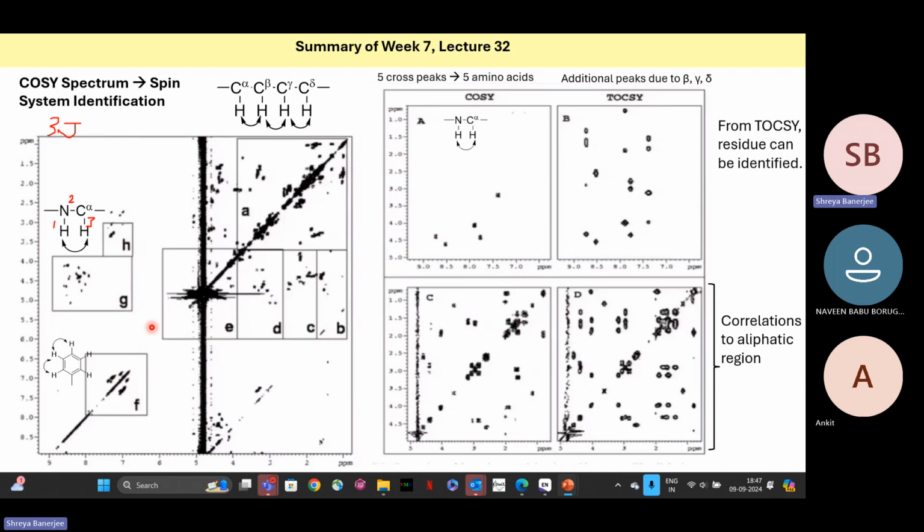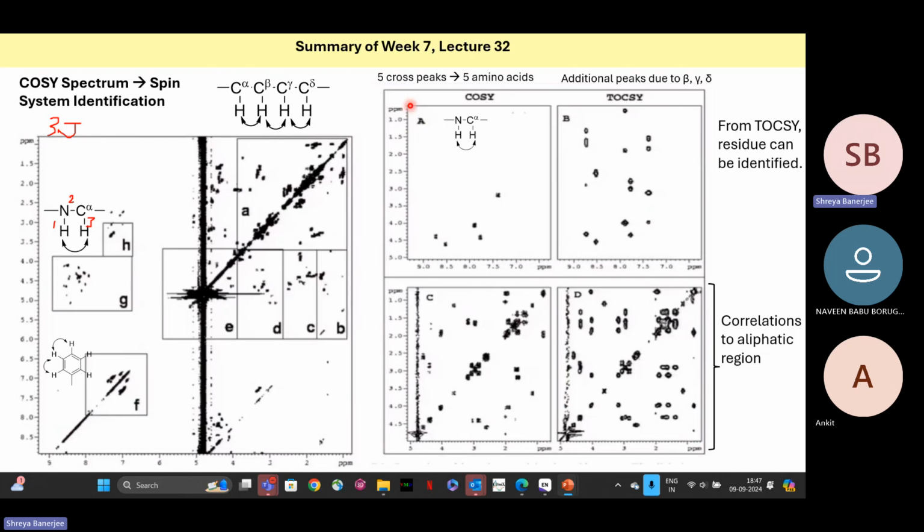In the G and H region, it is basically between NH and C alpha, that is the backbone amide NH and the C alpha proton. Then as you go from the left to the right, you will see different adjacent correlations: alpha H to beta H, then beta H to gamma H, then gamma H to delta H, and so on.